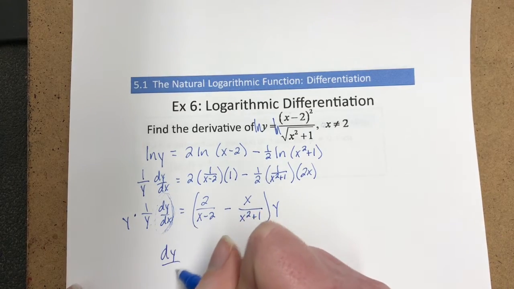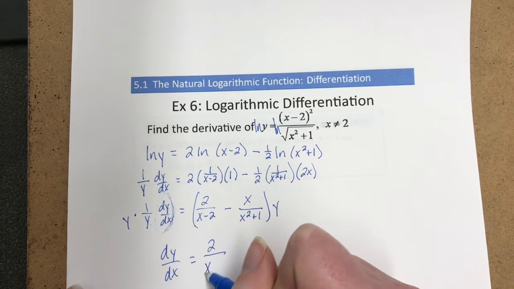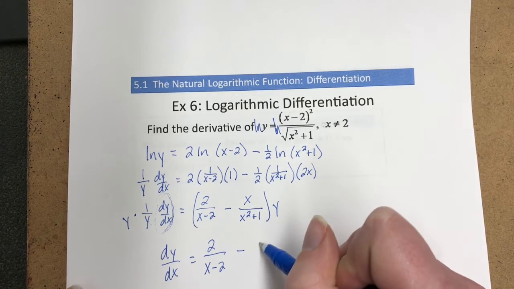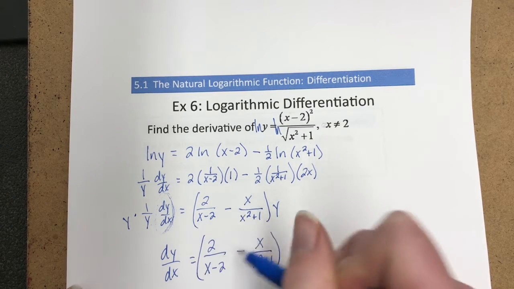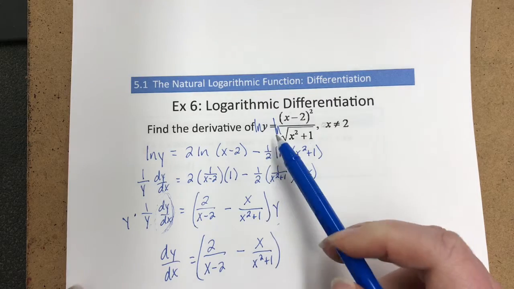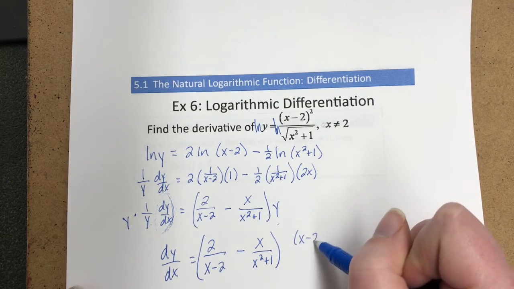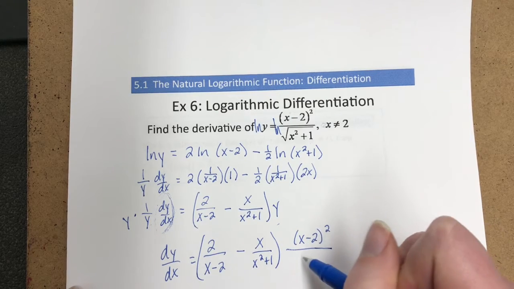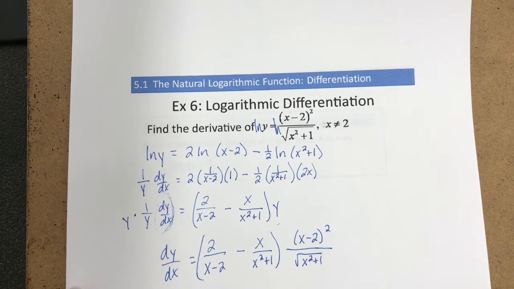So I'll get dy dx equals 2 over x minus 2 minus x over x squared plus 1. And I take this quantity times y, which if I go back up to my original problem was x minus 2 squared over the square root of x squared plus 1.